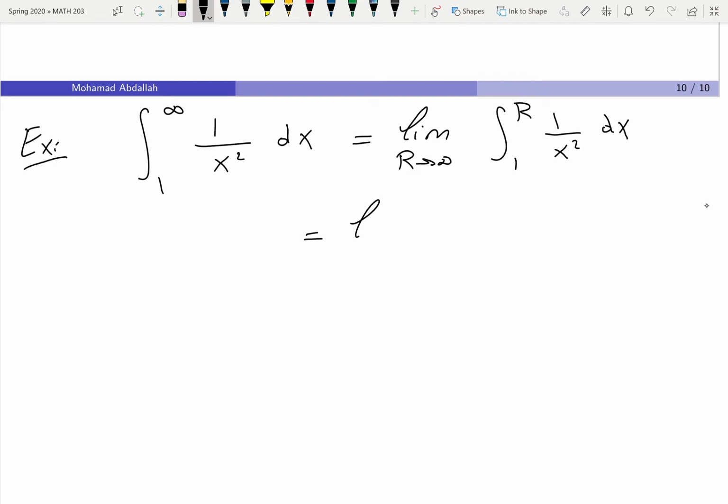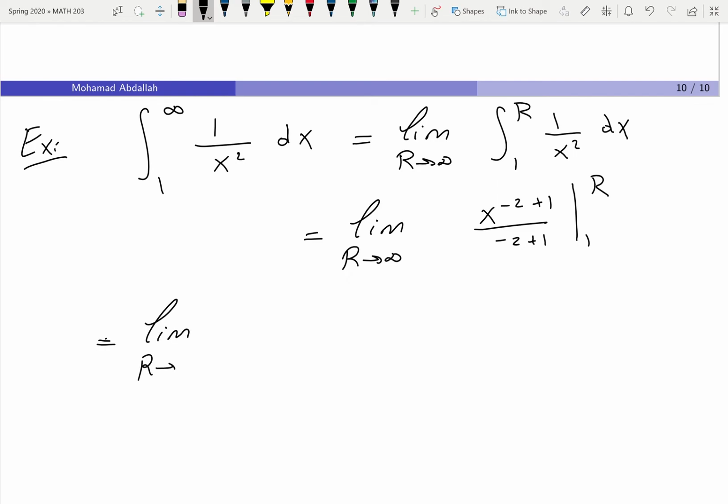So this is the limit when r goes to infinity. The antiderivative of 1 over x squared is x to the power negative 2 plus 1 over negative 2 plus 1, from 1 to r. So this is the limit when r approaches infinity of negative 1 over x between 1 and r.